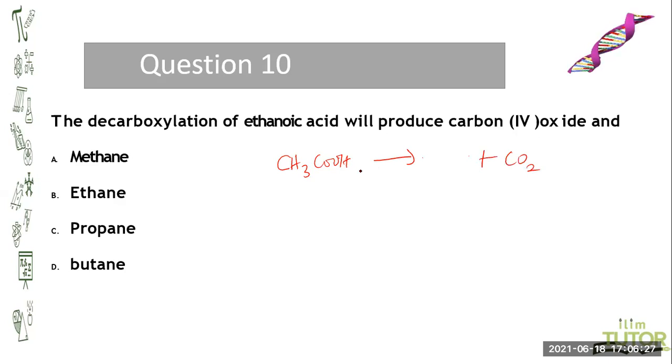So the CO2 that you have here has been removed. So what do you have left? Basically all we have left is CH4. Just adding your CH3 and then the hydrogen. Since it is decarboxylation, then you have methane left, since it's only one carbon, and that is methane.